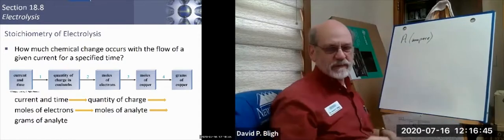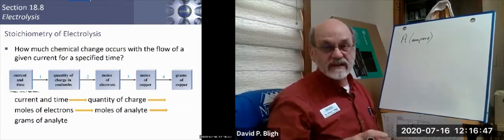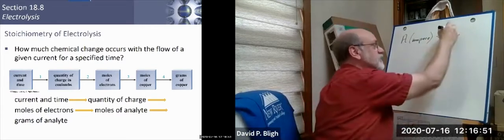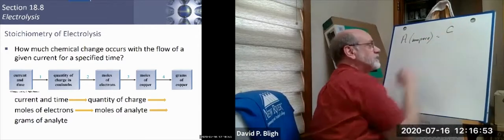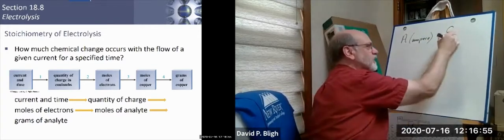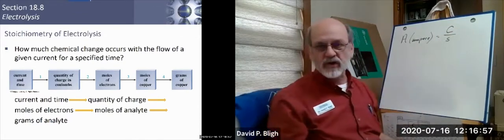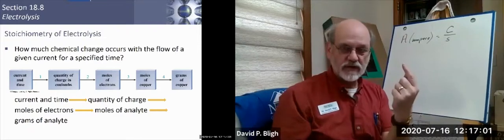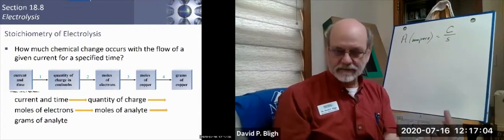An ampere is a flow rate, and it's in terms of coulombs per second. How many coulombs are delivered to a certain point on the circuit each second?